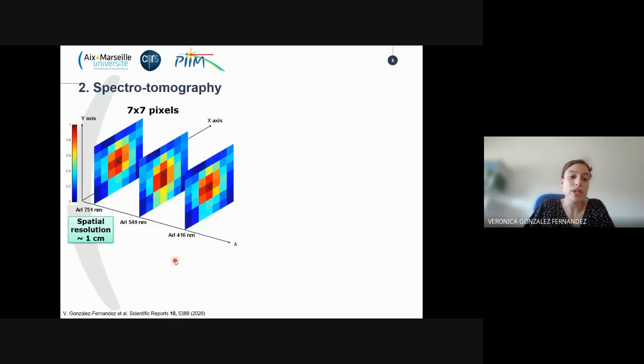After computing, we have access to this kind of images. Square 2D maps with 7 pixels on each side and with a spatial resolution of about 1 centimeter. And as you can see, we have access to different wavelengths, always in the visible range.